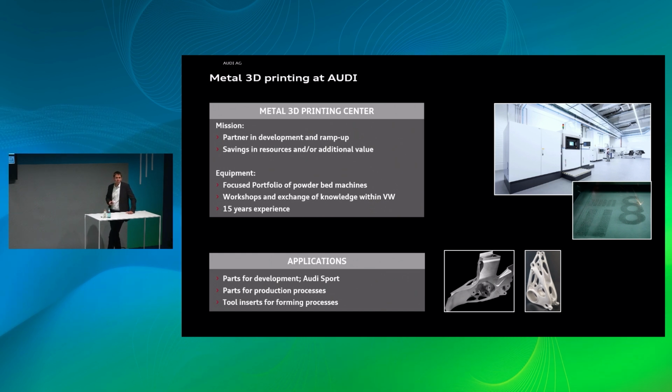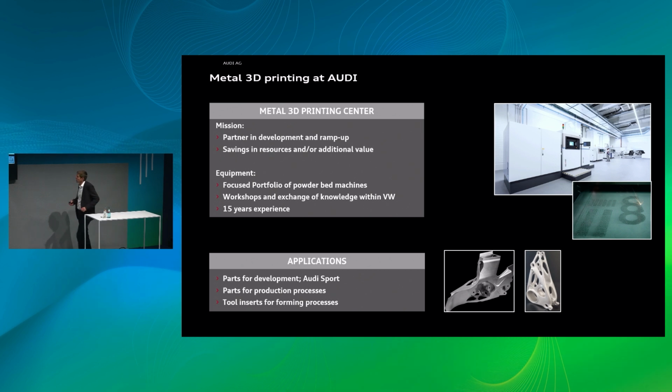We produce development parts for the internal development departments in Ingolstadt, but also for development sites spread worldwide. We also produce parts for production processes to enhance manufacturing and assembly lines, and also, and that's the topic for today, large volume tool segments for the forming processes.